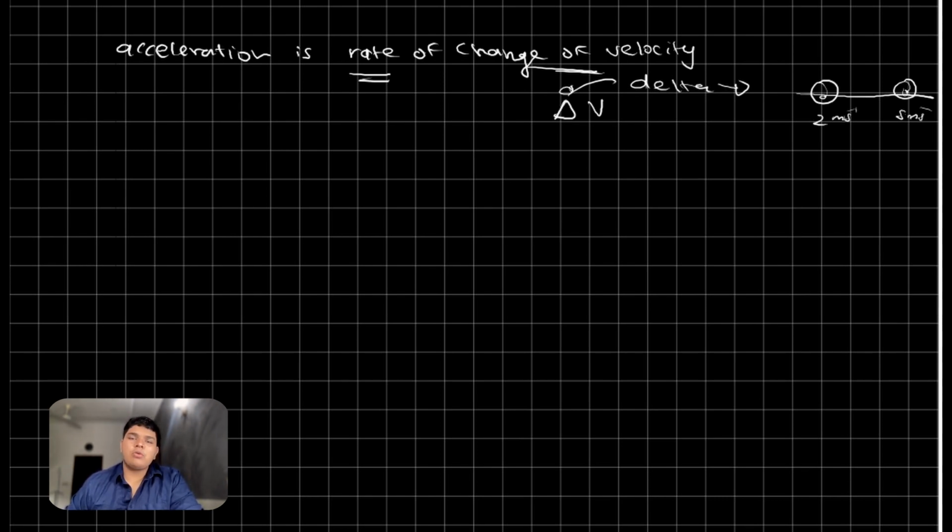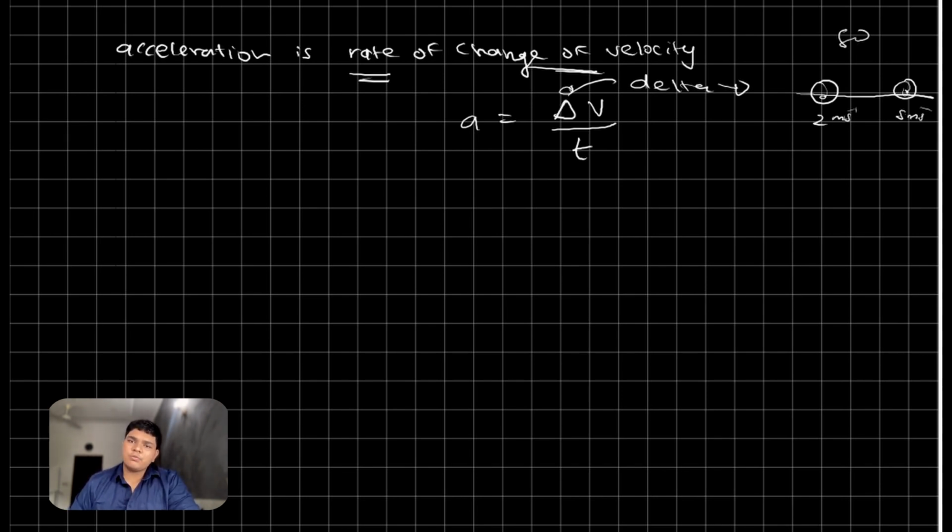Now rate of, how are we able to convert the words rate of into a mathematical definition? A rate is essentially how much something changes per second, how much of something happens per second. And how we define it per second is we divide by the amount of time it takes for this change to happen. Let's say to go from 2 ms^-1 to 5 ms^-1, it takes you 50 seconds, right?